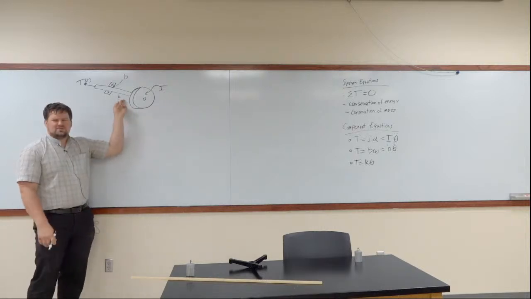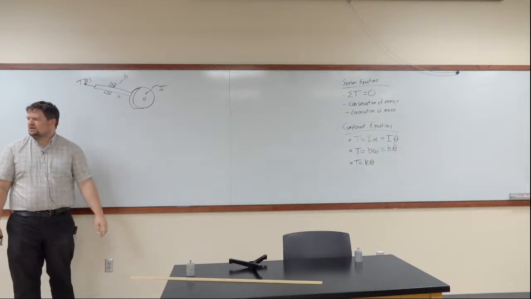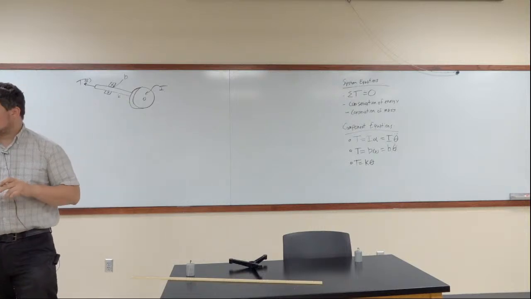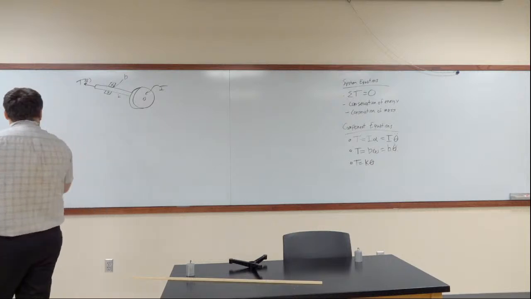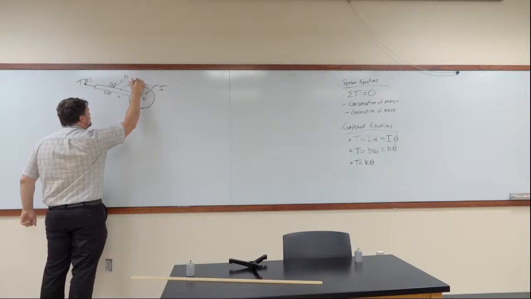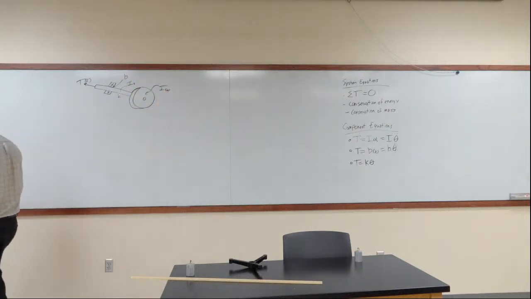Does the shaft have a moment of inertia? Why? Because it's a displaced mass. Because there is a mass associated with it. So I'm going to go ahead and change this to I_S and I_wheel. There is an associated inertia with making the shaft rotate.